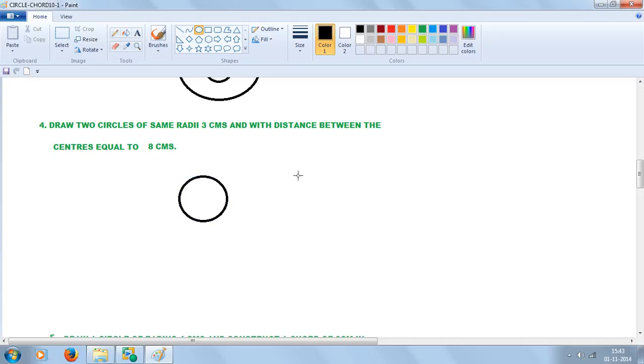Let us take two circles. We have to draw a circle with the center. Now draw a line of 8 centimeters. We'll have another circle. With this center, you draw a circle.